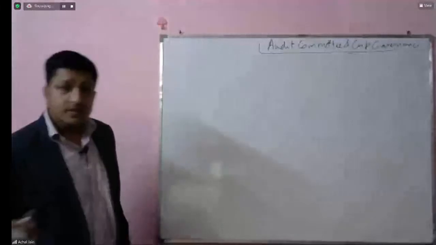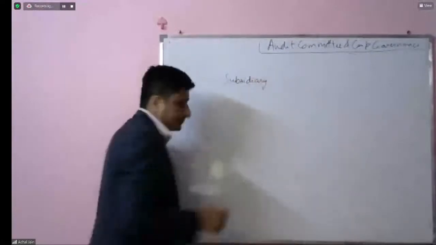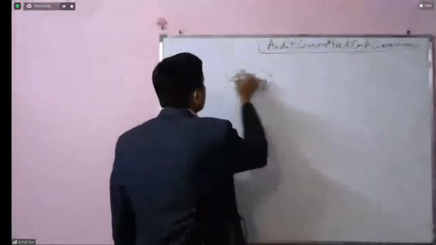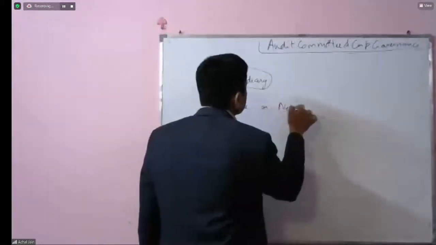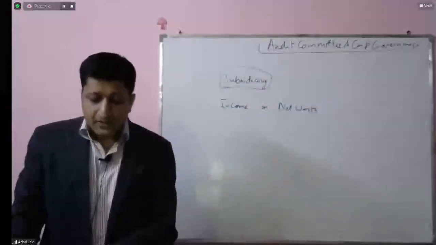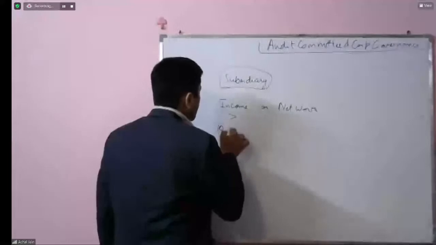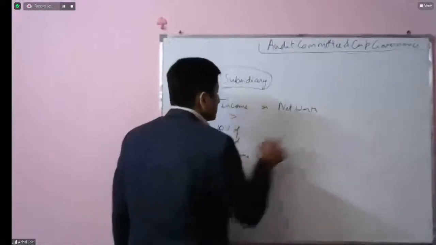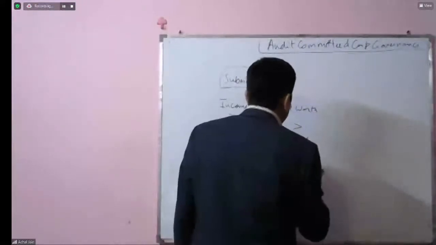So we are talking about a material subsidiary, a subsidiary whose income or net worth exceeds 10% of consolidated income, or exceeds 10% of consolidated net worth.